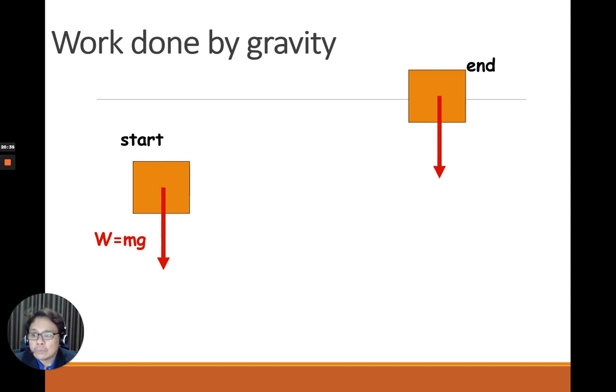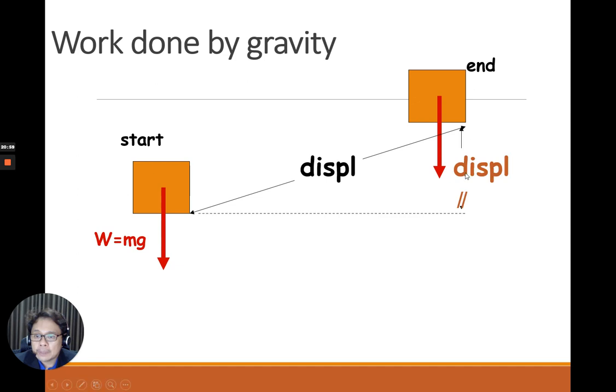So let's say you have this object that started on this side, then ended on that side. So the displacement that we have to get is this one, the straight line distance. By definition, displacement is the straight line distance from where you started up to where you ended. So the displacement that we have to get is this one.